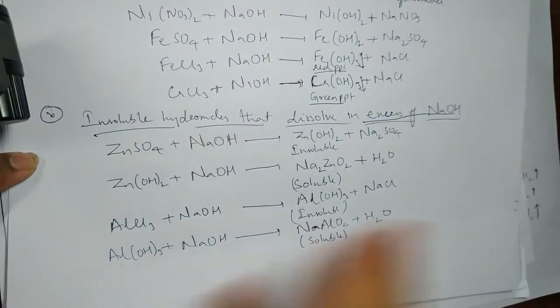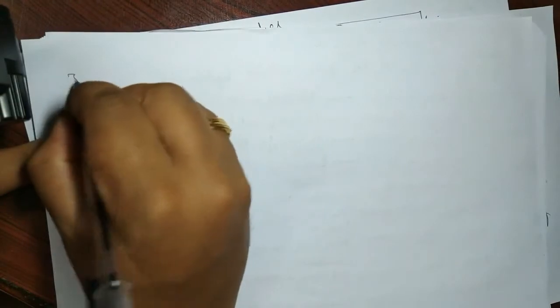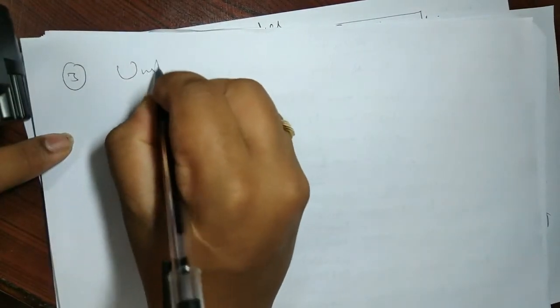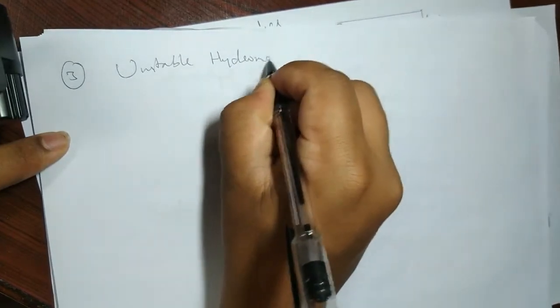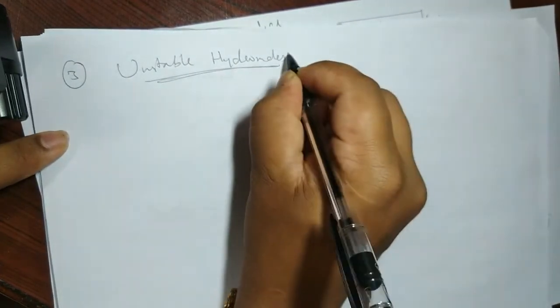And there are also unstable hydroxides. Basically the silver nitrate reaction and mercury, these form unstable hydroxides. The third category is unstable hydroxides.